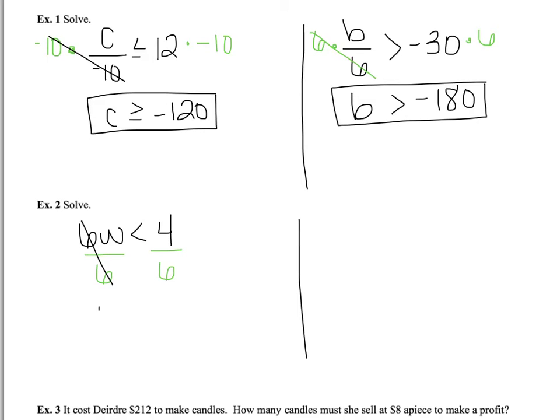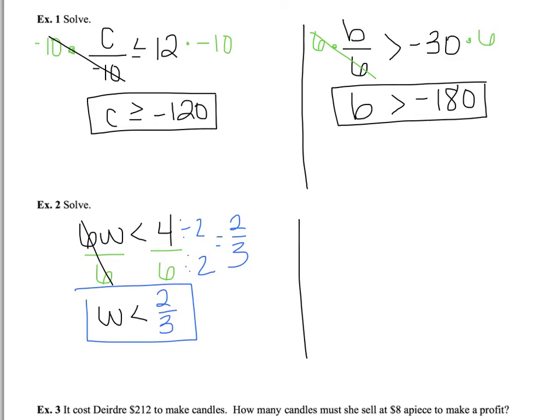So I'm left with w is less than, well, 4/6 simplified would be 2/3. So w is less than 2/3. Now notice I'm able to keep my inequality sign facing the way that it is because I only divided by a positive number.